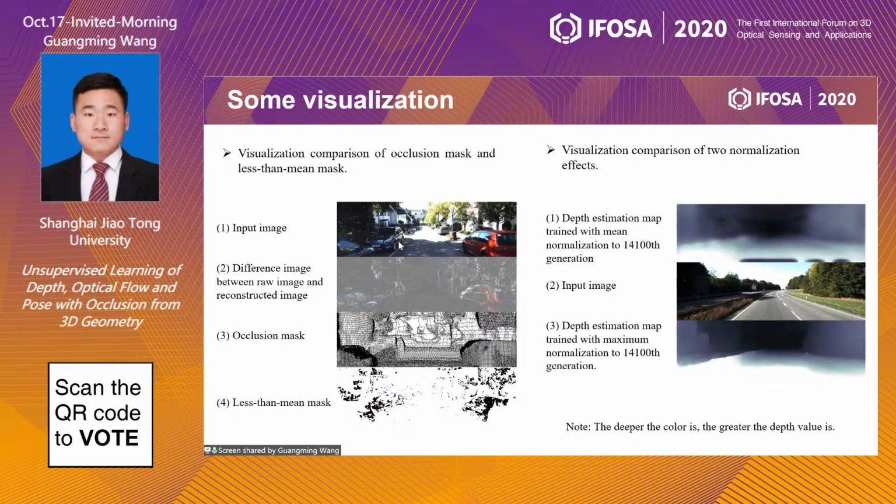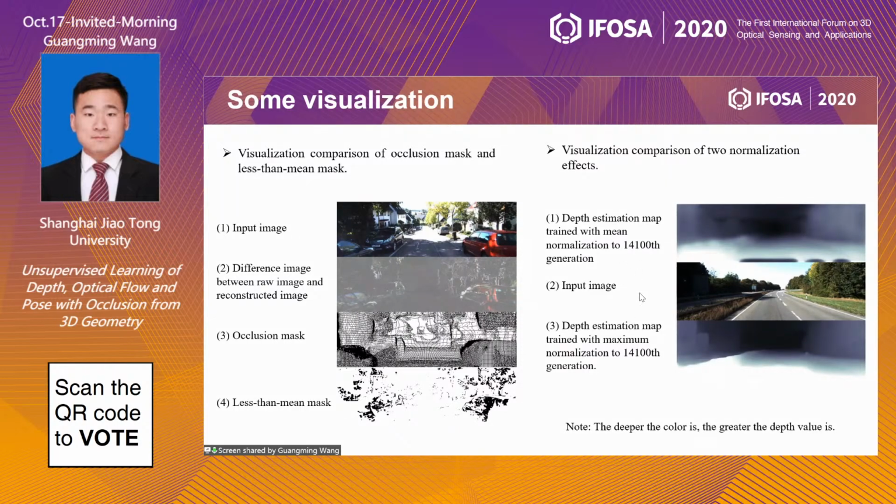For the image on the left, the first is the input image, then the difference image between the raw image and the reconstructed image. The occlusion mask can filter the occluded error, and then the less-than-mean mask can filter the outliers again.